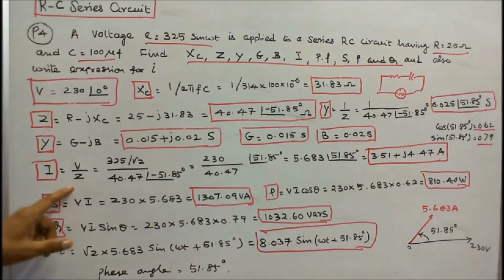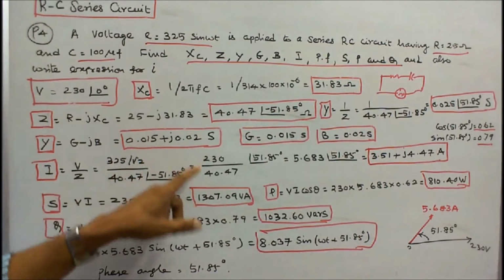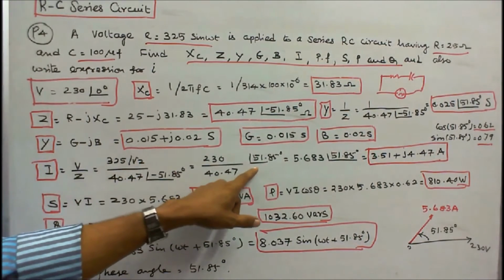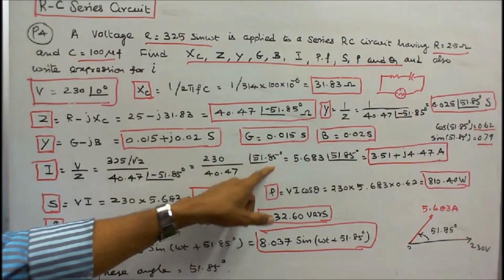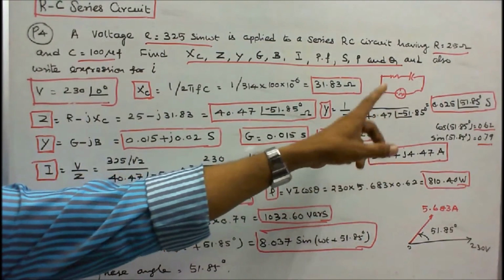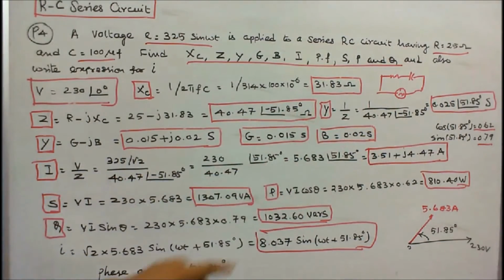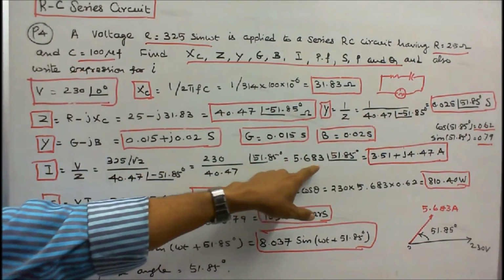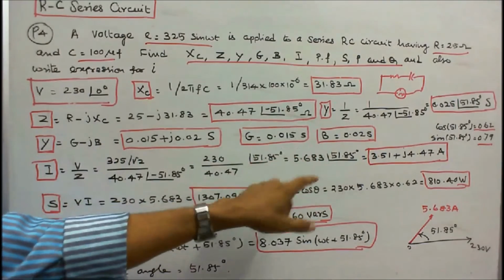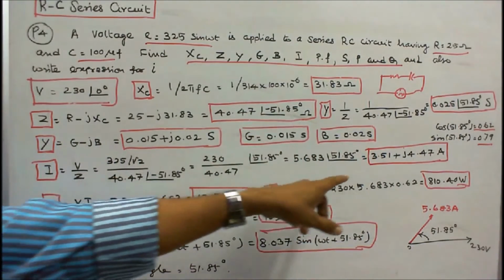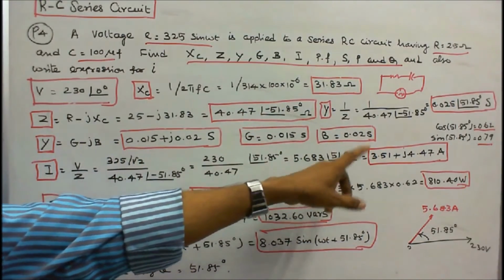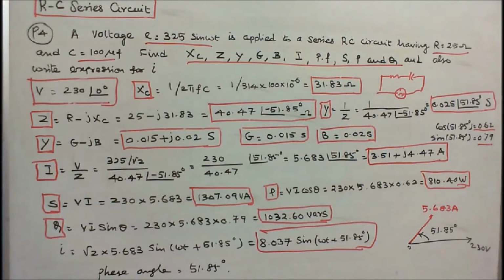I = V/Z = 230/40.47∠51.85°. Cos 51.85° = 0.62, sin 51.85° = 0.79. That is equal to 5.683∠51.85° in polar form. In rectangular form, 3.51 + j4.47 amps.